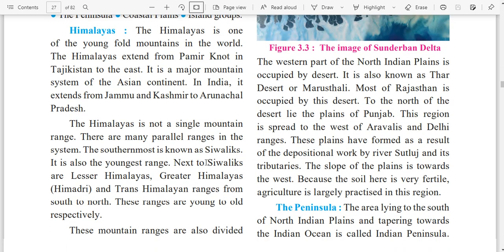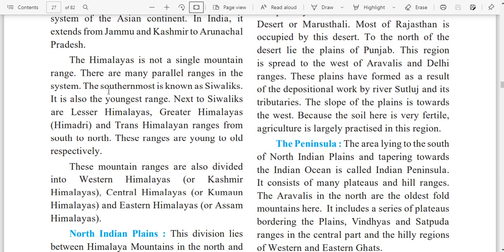The Himalayas is not a single mountain range. There are many parallel ranges in the system. The southernmost is known as Shivaliks. It is also the youngest range. Next to Shivaliks are Lesser Himalayas, Greater Himalayas, which is also called Himadri, and Trans Himalayan ranges from south to north.